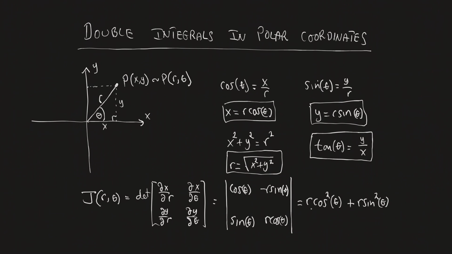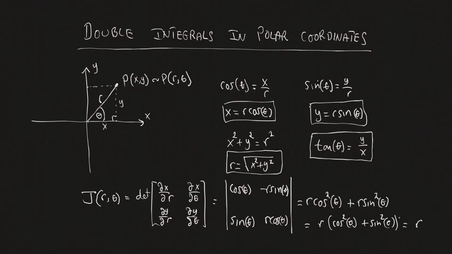Then we can take out our r, and we have what will be a very useful idea. Well, not will be, it has been in lots of our courses. This identity is really helpful. And look at that, because cosine squared theta plus sine squared theta is always equal to 1, our Jacobian just works out to be r, right?